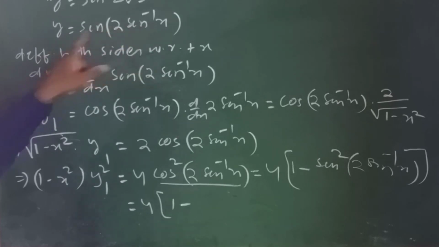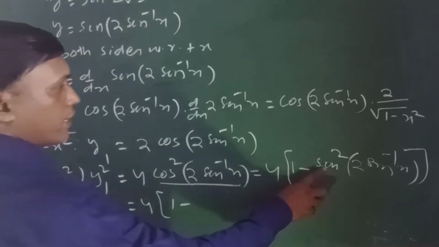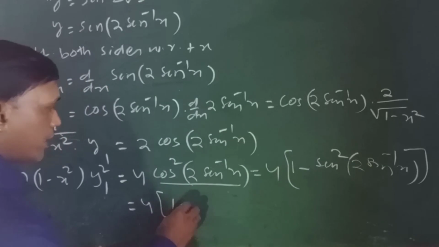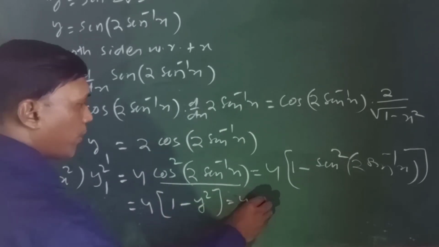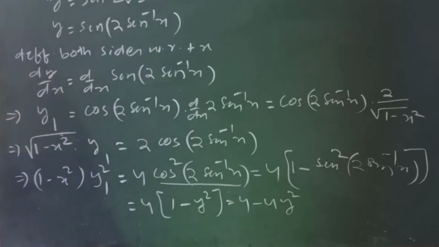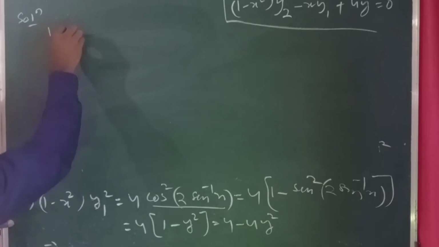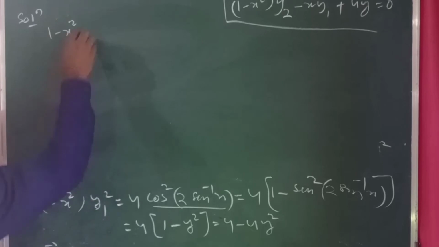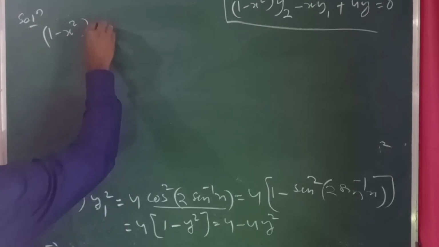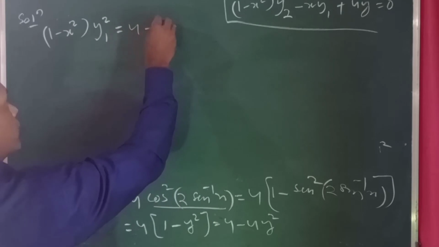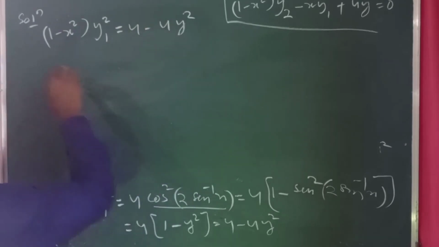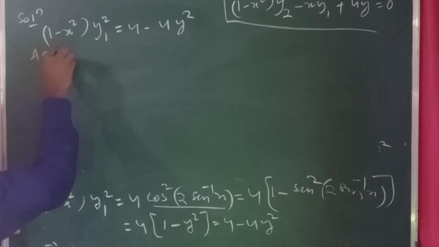Sin of 2 sin inverse x is y, so this is y square. That means we find 4 minus 4y square. We have (1 minus x square) into y1 square is equal to 4 minus 4y square.